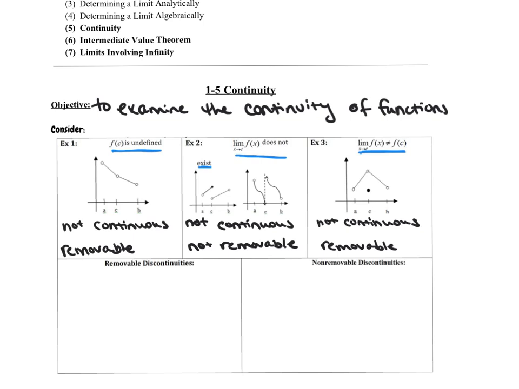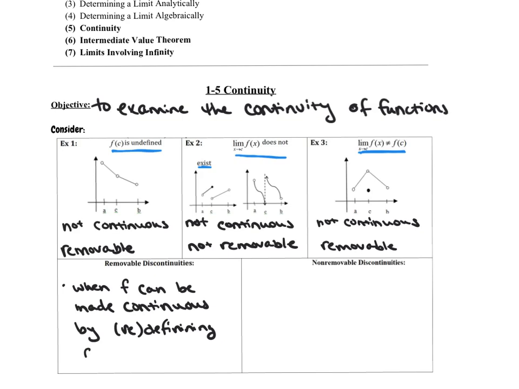So if we look at these 3 or 4 examples and we consider what it means to be removable versus non-removable, we can kind of generalize and say that we have removable discontinuities when our function f can be made continuous by defining or redefining f of c.